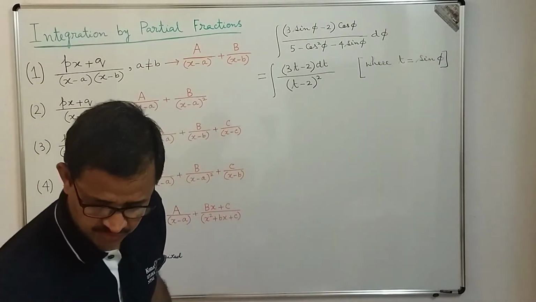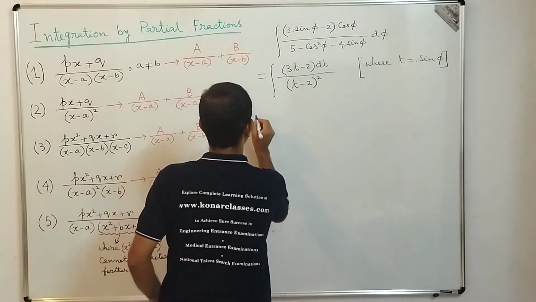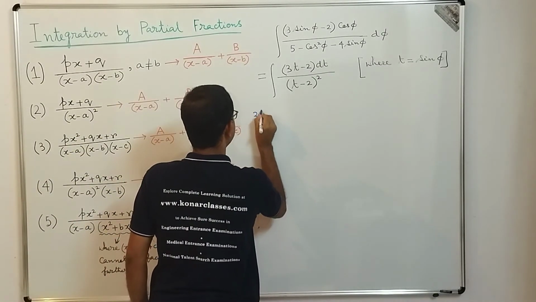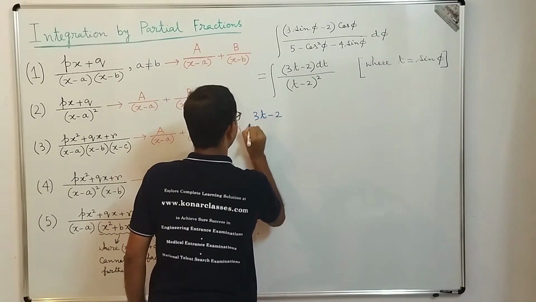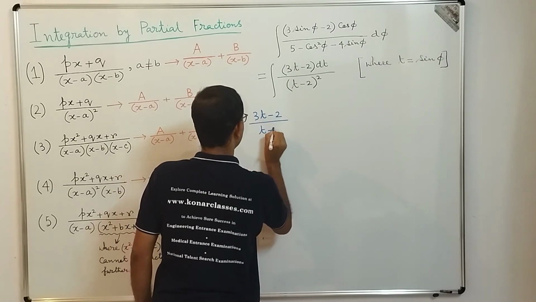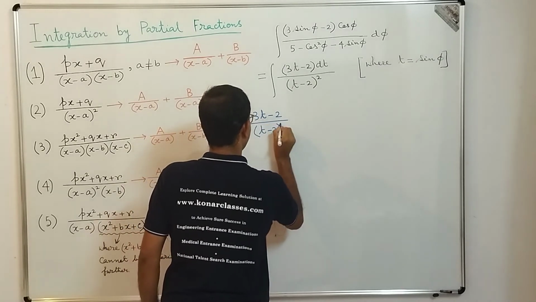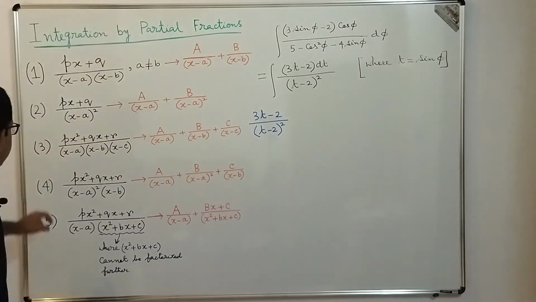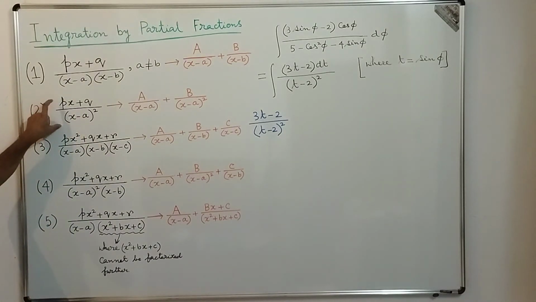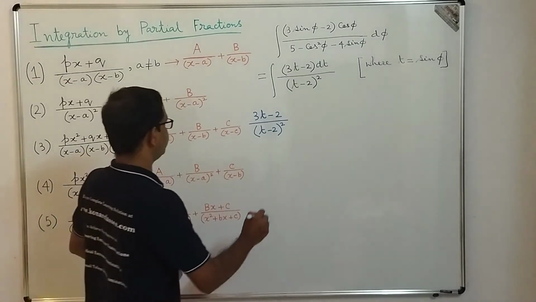So dear students, let us write the integrand here: 3t minus 2 divided by t minus 2 whole square. And in which category is it? This is in the second category, px plus q by x minus a whole square. So how to express this one?